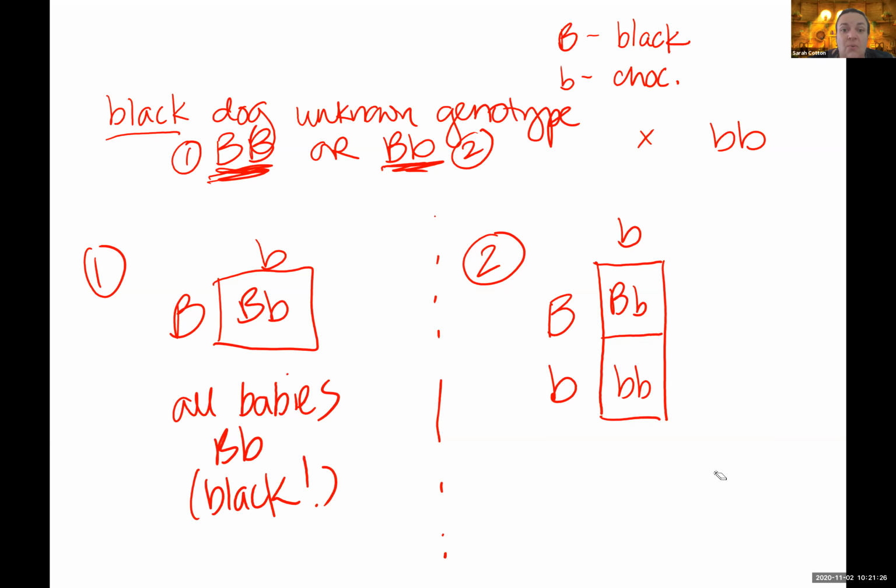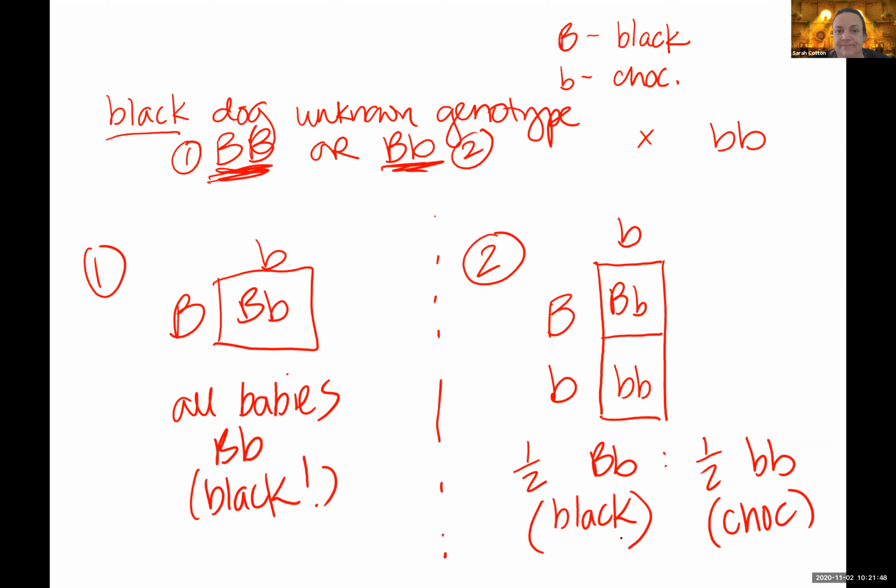Okay. So what does this Punnett square tell us? Well, it tells us that on average, the probability is that half of the babies will be this, and then half will be this. So half will be black. And what do 2 little b's mean? Half of the babies will be chocolate.